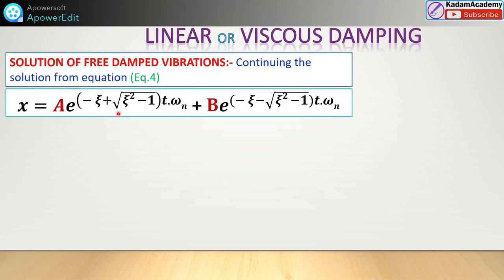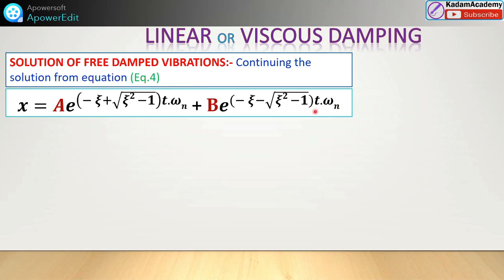You can go through that video. We derived this equation in the linear viscous damping: x is equal to A e raised to (minus zeta plus square root of zeta square minus 1) into omega n into t, plus B into e raised to (minus zeta minus square root of zeta square minus 1) into omega n into t, where this omega n is what?